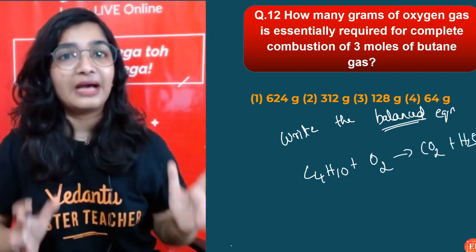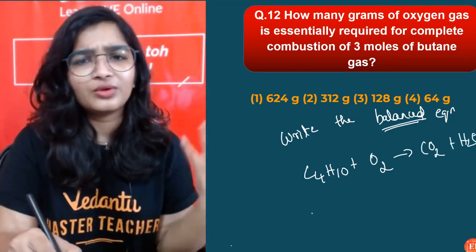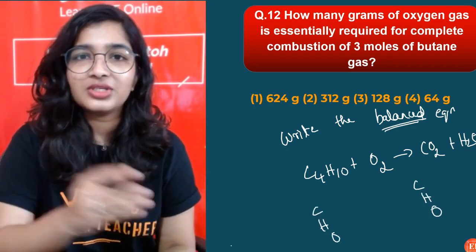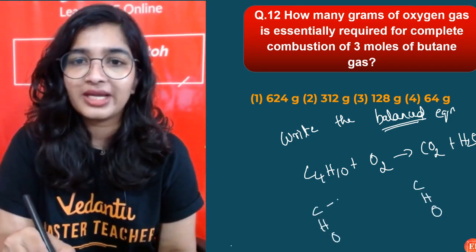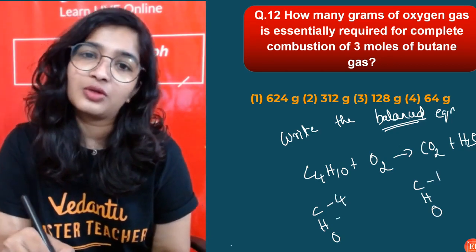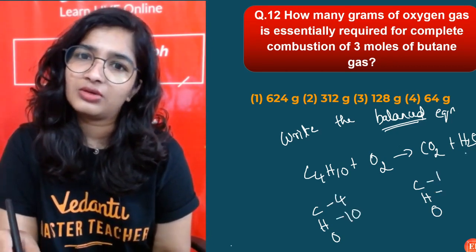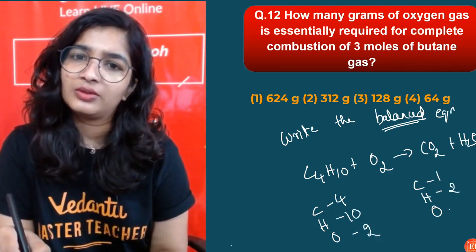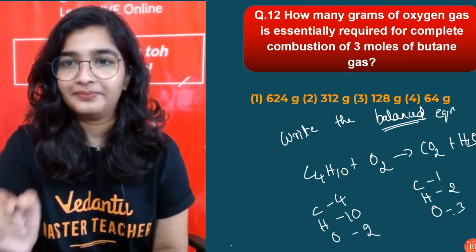Now the thing is balancing it. We know how to do it. C, H, O, LHS, RHS. How many carbon atoms do I have on LHS? 4. On RHS only one. Hydrogen 10 here, and on the RHS we have 2. Oxygen is 2 here, and on the RHS we have 3. Cool.